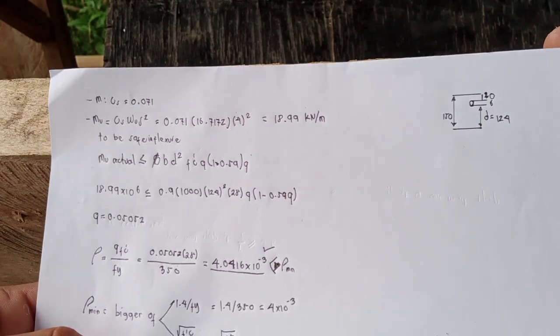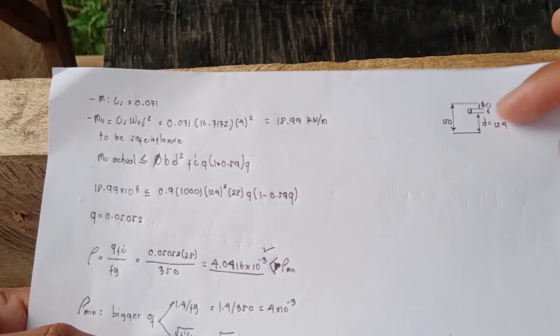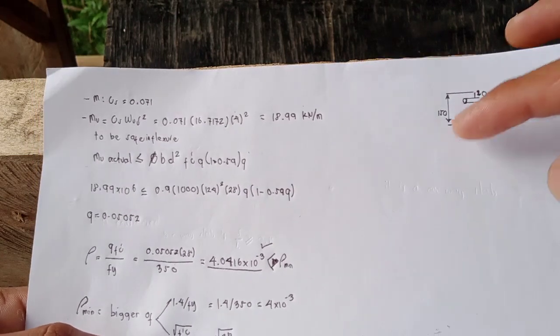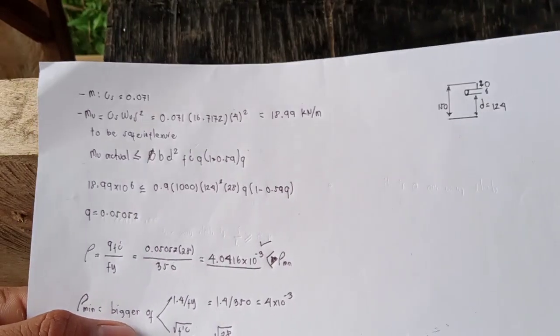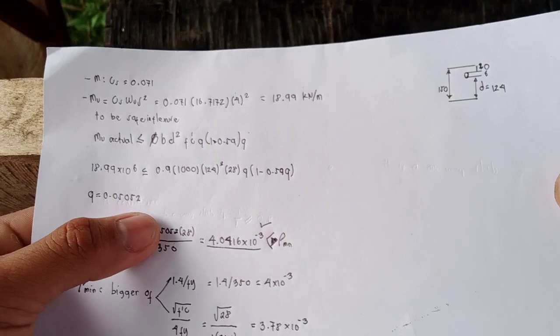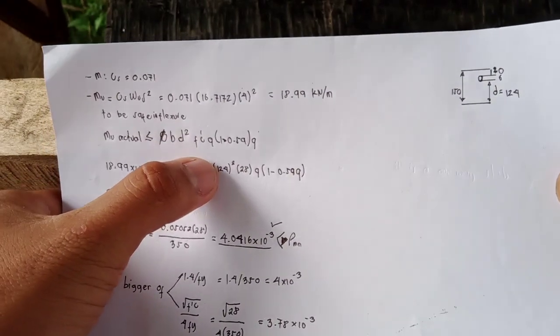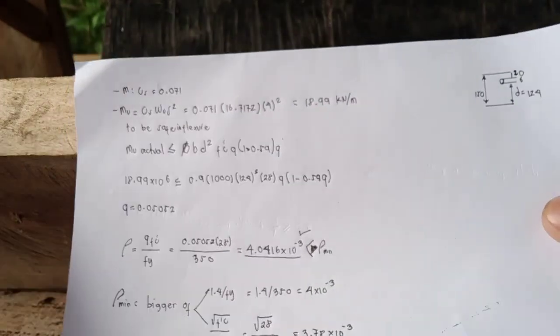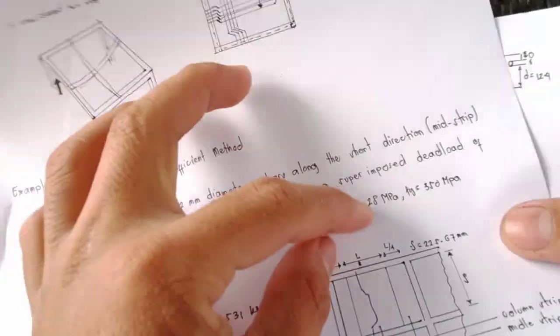To get our d, we subtract the 20 and 6, so 26, from the 150, so we can get 124. So our d we can just substitute here. So our d is 124 squared, and our fc prime equals 28.